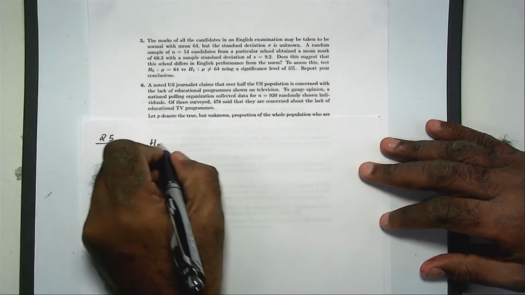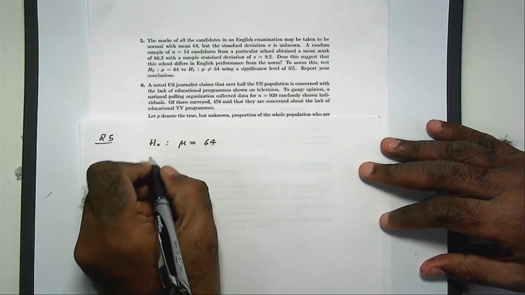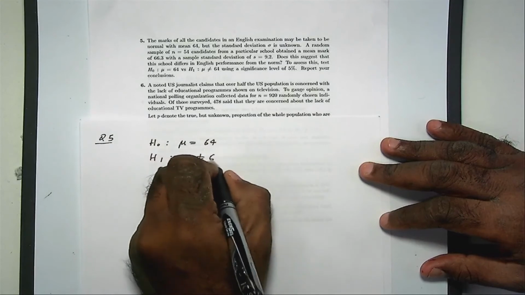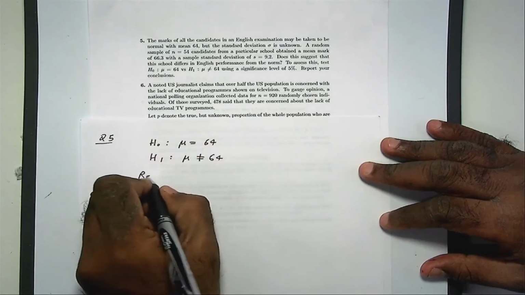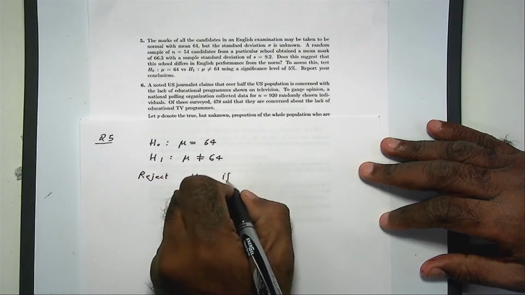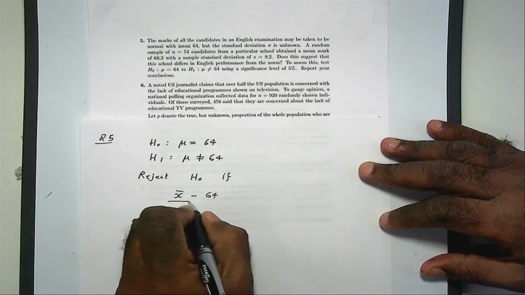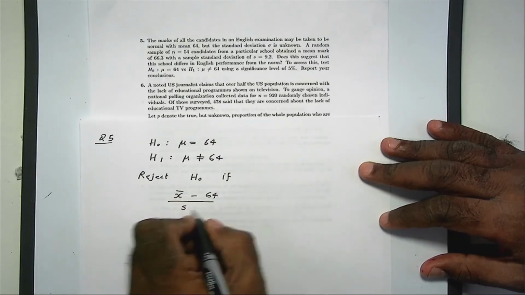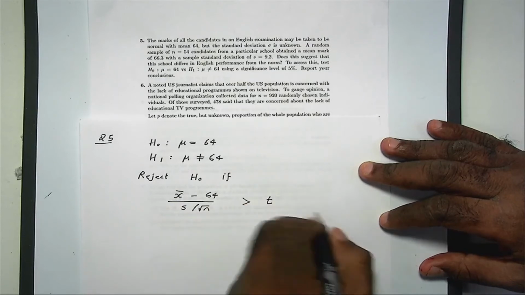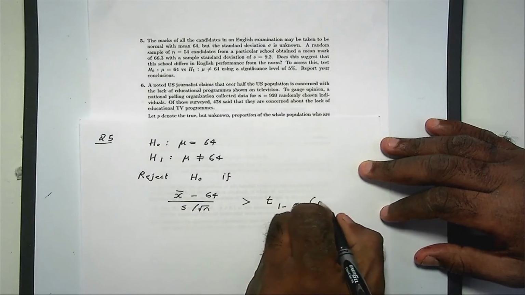That is, you're testing. So in this case you will reject H0 if x bar minus mu 0, which is 64, divided by s, the sample standard deviation, is greater than t, the percentile of t with degrees of freedom n minus 1.